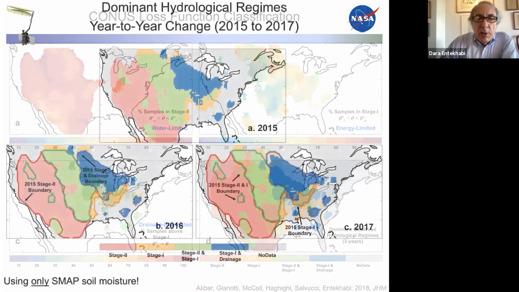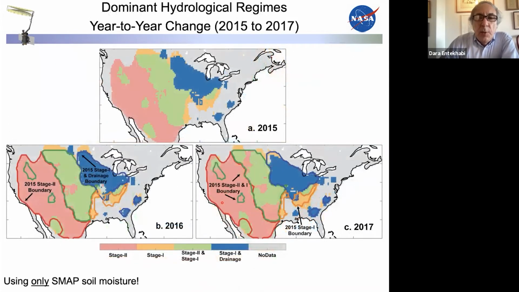But this is satellite data over different years, so we can look at how these regimes move from year to year. So for instance, this is 2015, 2016, 2017, just as an example, but you have these over the entire time series. And these are the boundaries of 2015, just to see how things move.